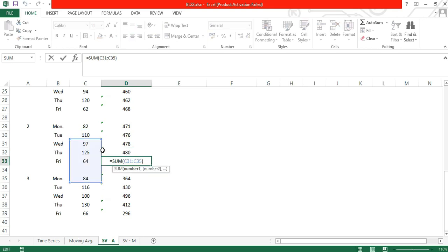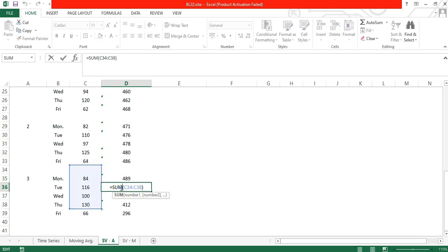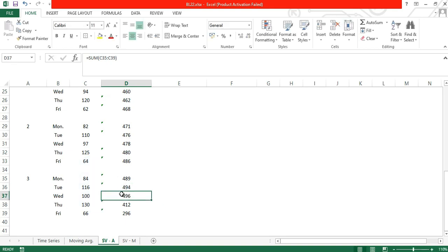This is 97 to another 5 numbers. This is 125 to 1, 2, 3, 4, 5. Yes. Then this should be from 64 to 130, another 5 numbers. This should be from 84 to 66.